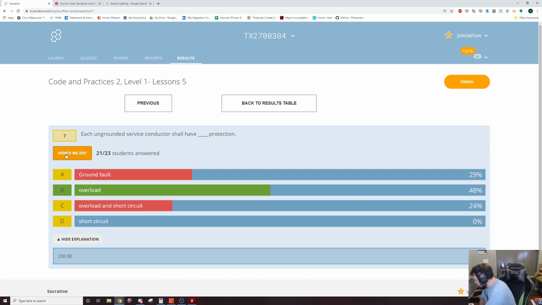Overload protection. Okay. I like it. 230.90. And that service equipment overcurrent protection, that whole section is overcurrent protection. It's a part you could get from the table of contents pretty easily. All right. So that is the end there.